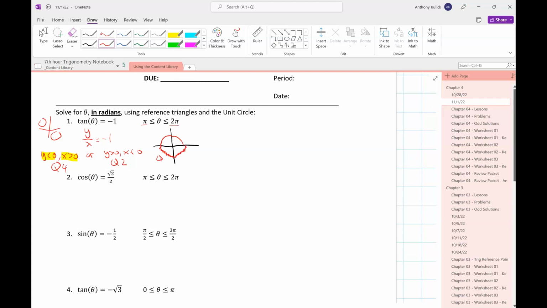So we covered quadrants 3 and 4. Everybody cool with that? So what I've learned here is that the answer I'm looking for lies in quadrant 4.